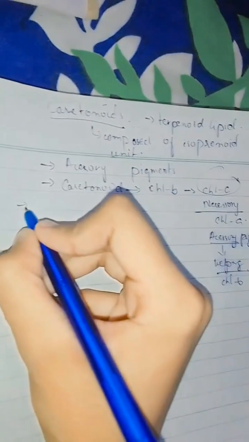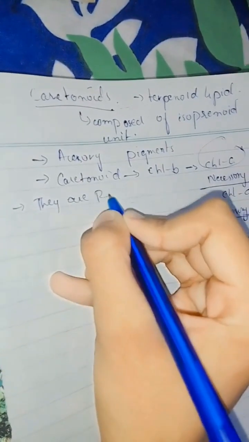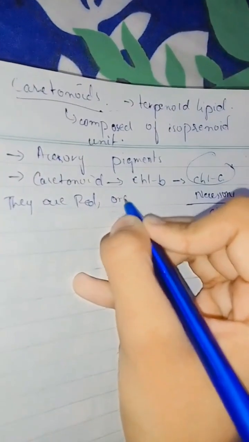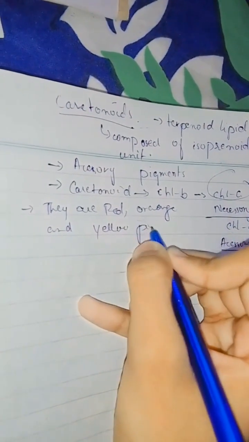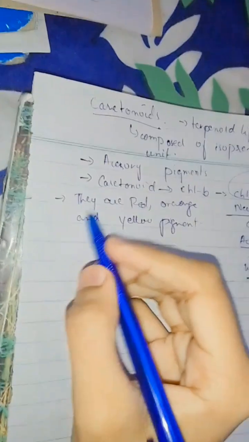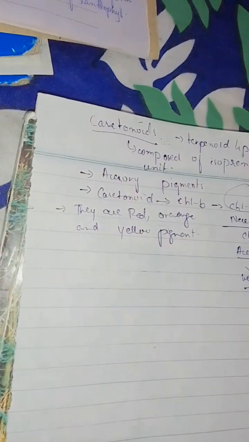If we talk about their color, they are red, orange and yellow pigments.